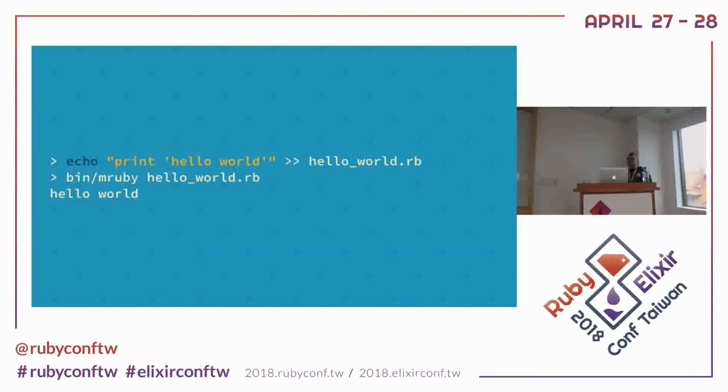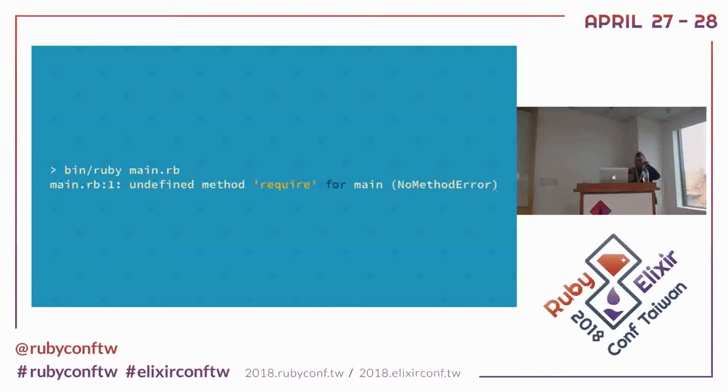Next, I copied my main.rb file into it and tried to run it. I got undefined method require, and that was kind of weird. Well, remember in the intro how I said that mruby is really lightweight? It really is.